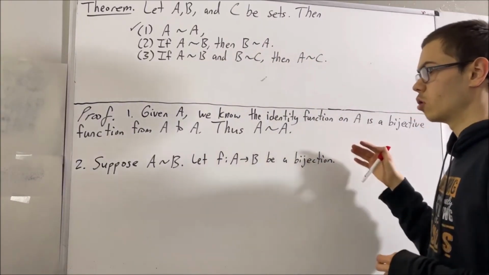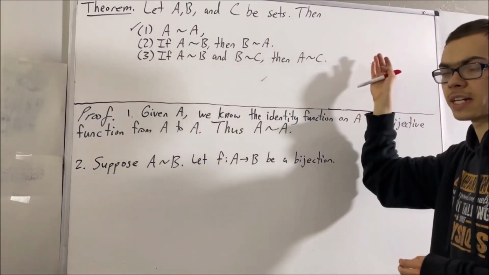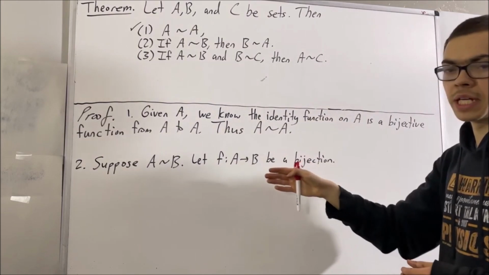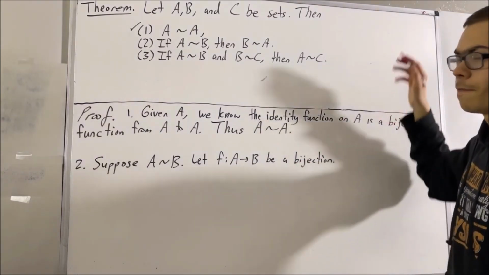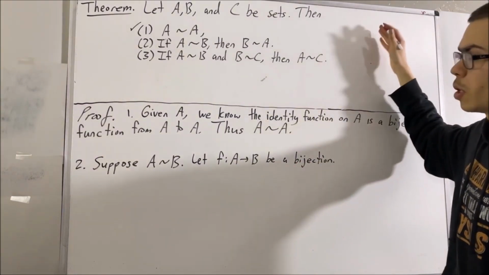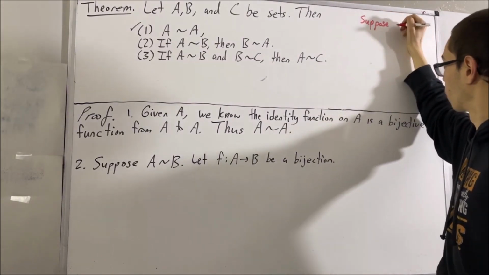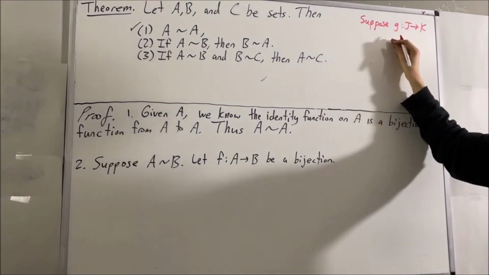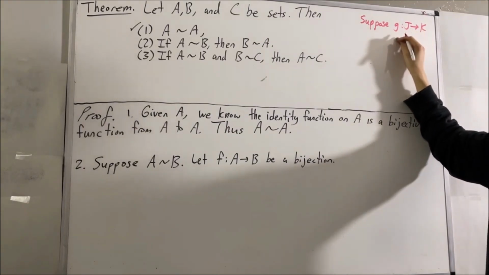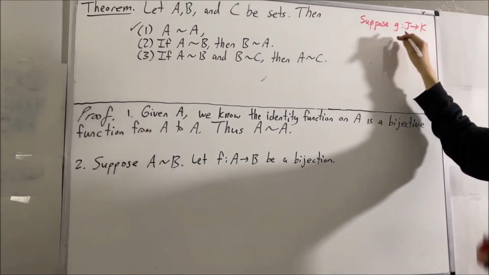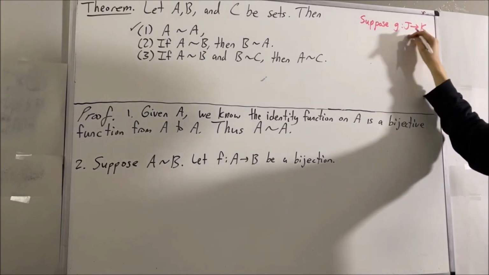And to do that, we're going to use the following fact regarding a function being a bijection. The fact goes like this. Suppose we have a function g from j to k. Then g is bijective if and only if the inverse of g is a function from k to j.